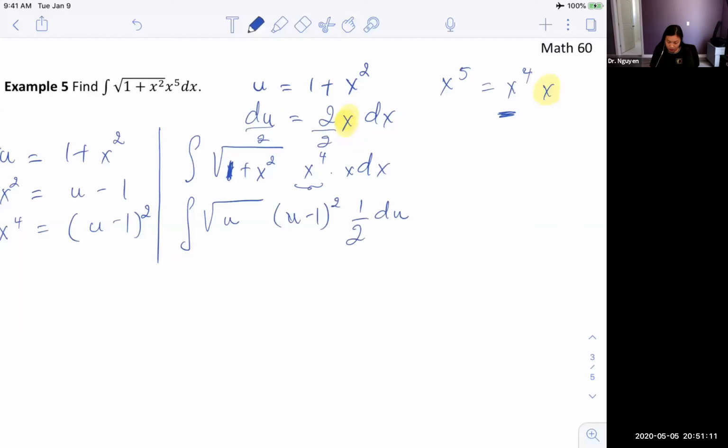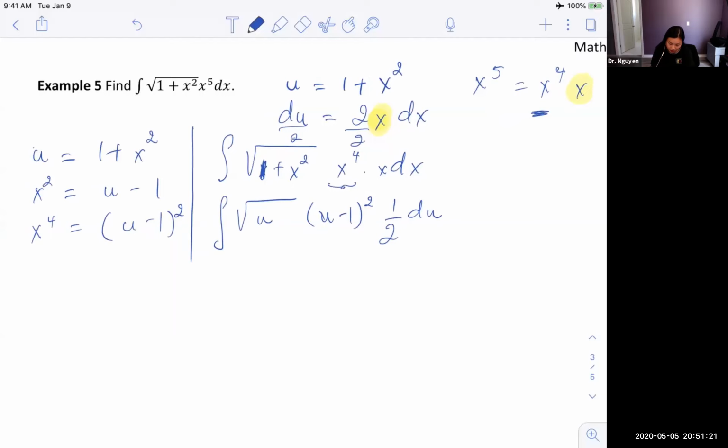So you might want to FOIL, and then we have to distribute the square root of u over. So I'm just gonna first take the 1/2 out. And in here, u minus 1 squared is gonna give you u squared minus 2u plus 1. Okay.